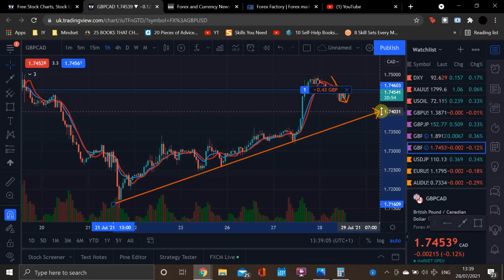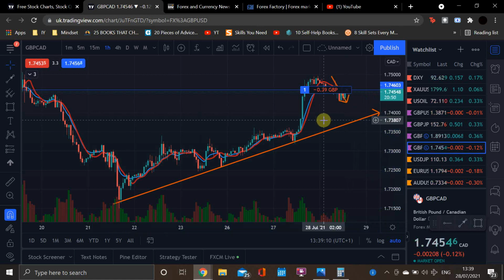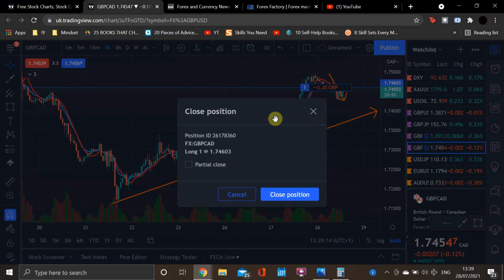Look, the real trend line is here. It's making you think it's going up, but it's not. I'm gonna cut my losses. Yeah, I'm gonna cut my losses with this.